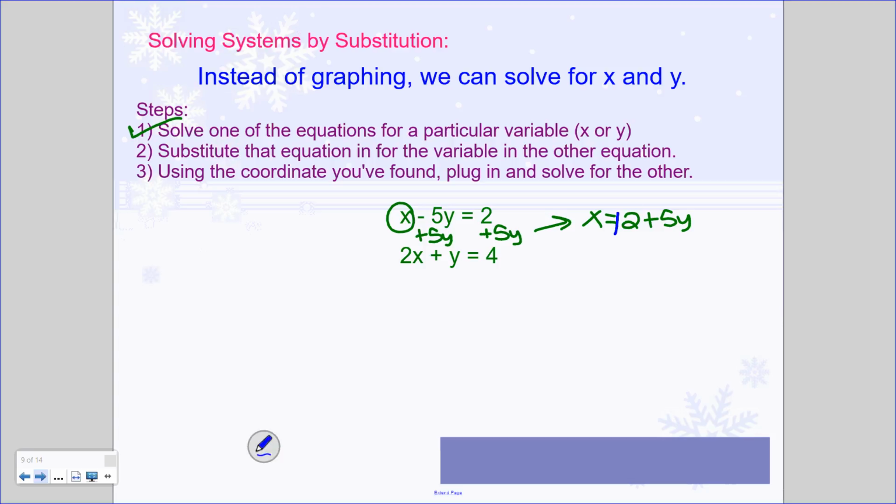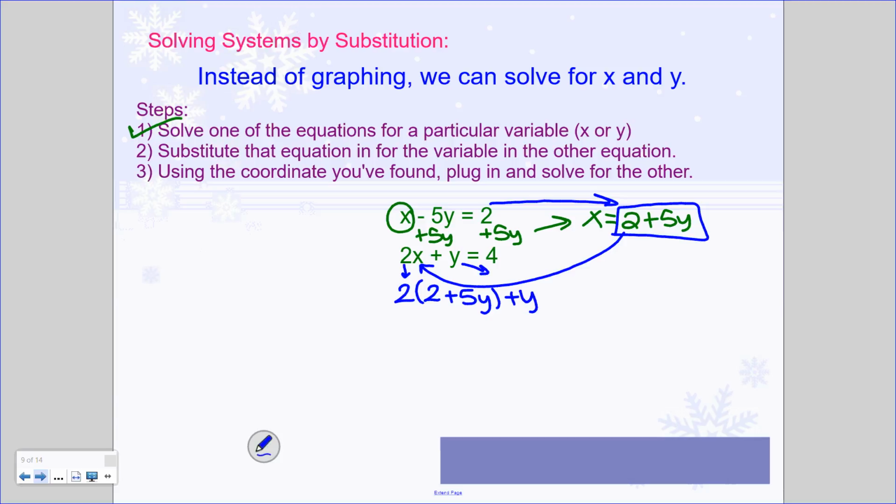Once I get x to be equal to 2 plus 5y, I'm going to take that expression and put it in for x's value in the other equation. Remember, I started by isolating my top equation, so now I go into my bottom equation. So I'll recopy this 2 and then open parentheses and replace the x with 2 plus 5y. Now I bring down the rest of the equation, plus y equals 4.